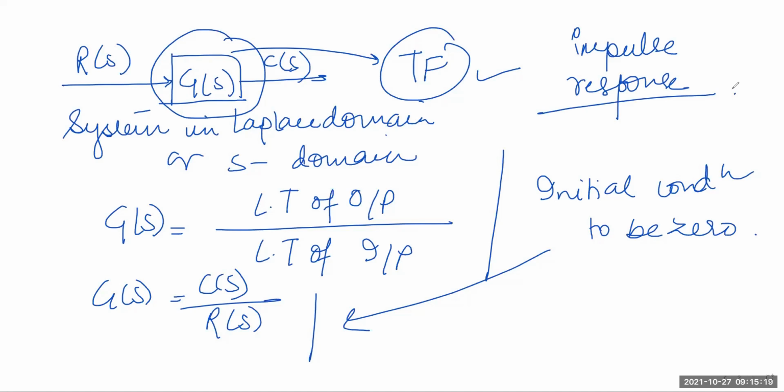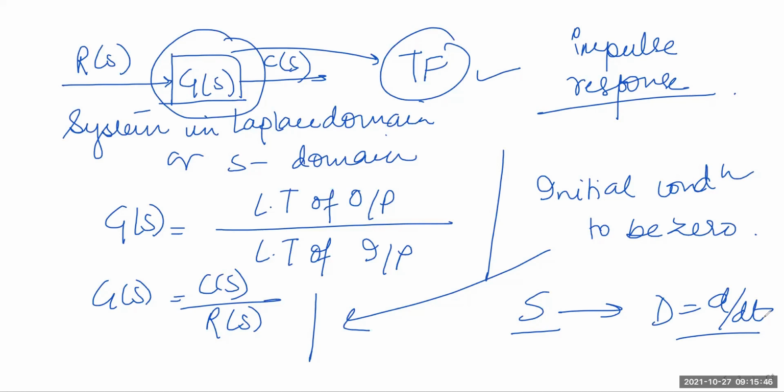Second is replacing the S variable with a linear operation, which I told you also during mathematical modeling. There we replaced S with d upon dt. If you follow my previous videos, I have told you this is the way we replace the linear operation, where capital D is there, with d upon dt.